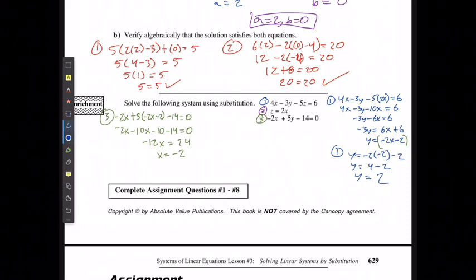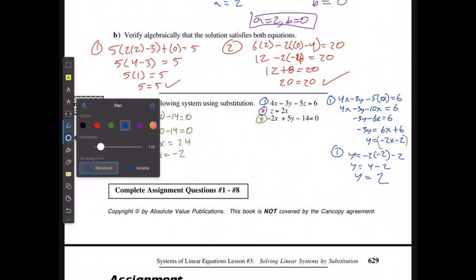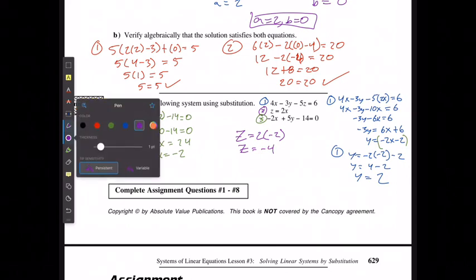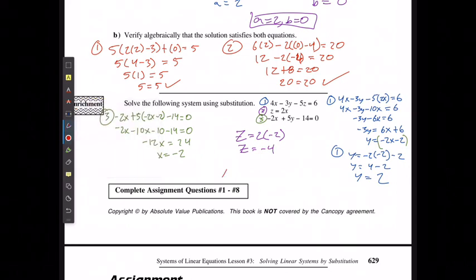And I can put my value for x back into equation 2. If z is equal to 2 times negative 2, z is going to equal negative 4. And there's my solution. X equals negative 2, y is equal to 2, and z is equal to negative 4.